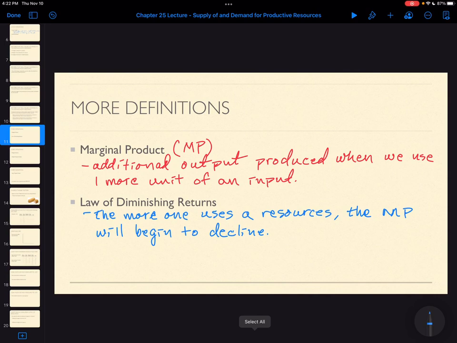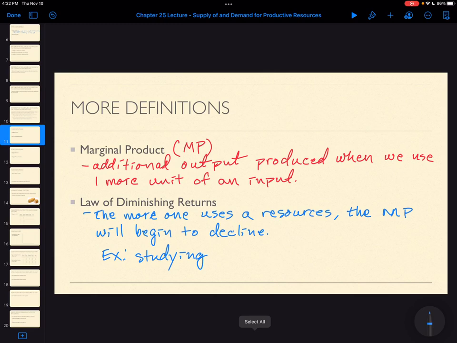But the best way to think about the law of diminishing returns is to think about studying. If you're studying for an exam, usually those first couple hours are your really productive hours. You sit down with your notes, go through some practice problems, and the impact on your grade is probably fairly large initially.